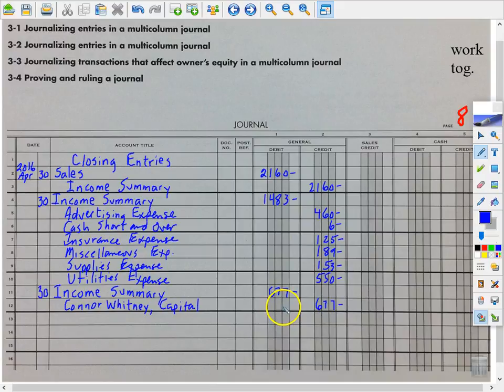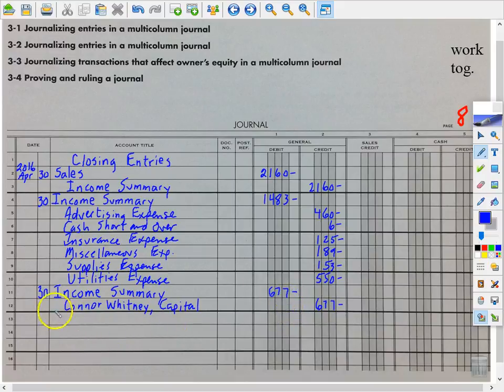Its balance is zero, okay? And we've just used income summary for its purpose. It's really just to allow us to transfer balances out, but now its balance is zero, and it will remain zero until we do this closing entry process again next month. We'll just use it again as a temporary transfer account. It just allows us to dump the amounts out of revenues and expenses, basically, is what its purpose is.